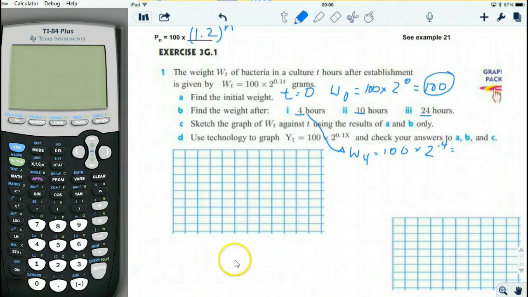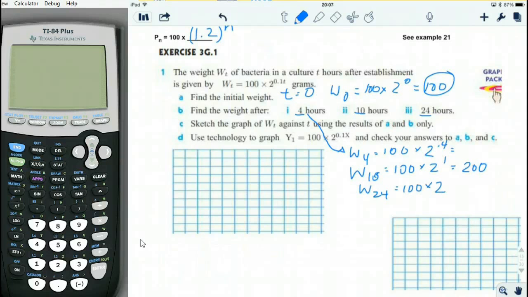So 100 times 2 to the 0.4. W10 would be equal to 100 times 2 to the 10 times 0.1, which would be 1. So that's easy to figure out. We don't need the calculator for that. It's 200. W24 is equal to 100 times 2 to the 24 times 0.1, so it would be 2.4.